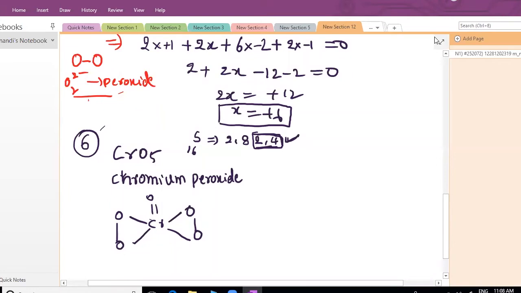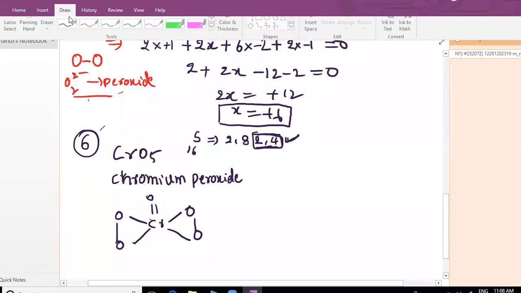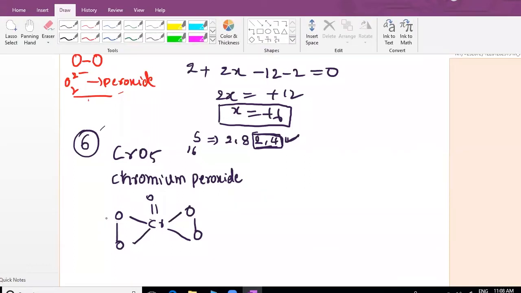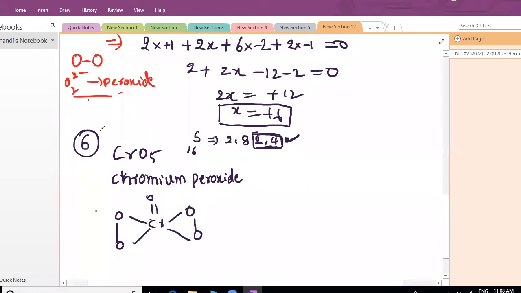Plus 6. Very good. Or you can see very simple. This is -1 because peroxy bond. Oxygen-oxygen bond is there. Peroxy bond is -1. Here also -1, peroxy bond -1. Here there is no peroxy bond. That's why -2.